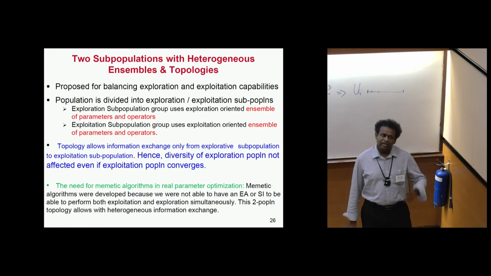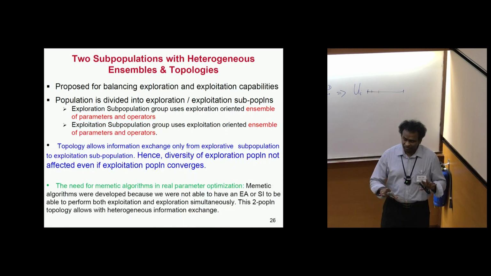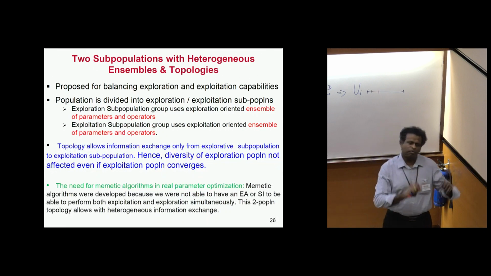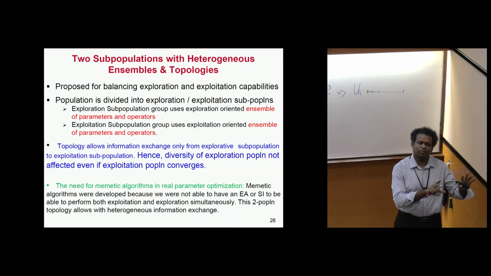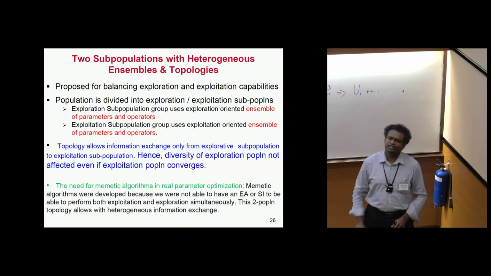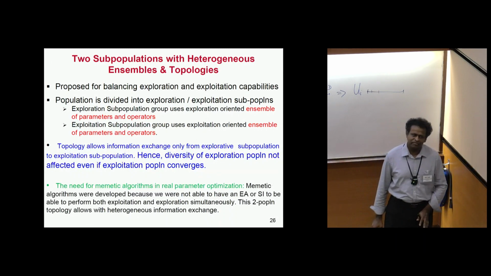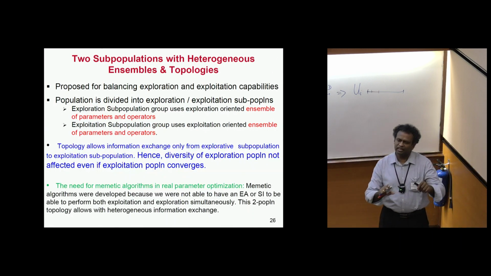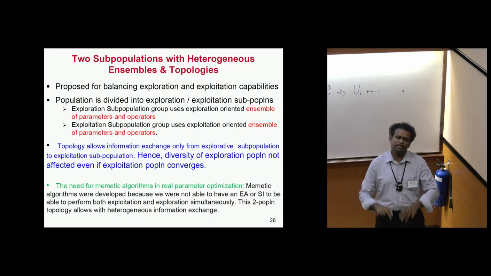What we did was, with the topology, we allowed the exploitation group to see the whole population. So the exploitation group can see the whole population, but the exploration group will not see the exploitation group. So what is the advantage? If the exploration population finds a good solution, the exploitation group can make use of it to do exploitation.